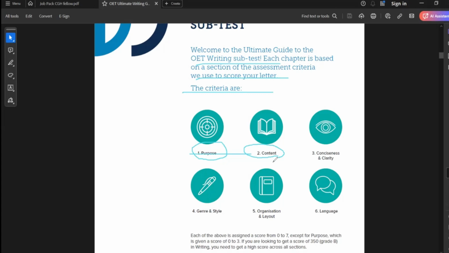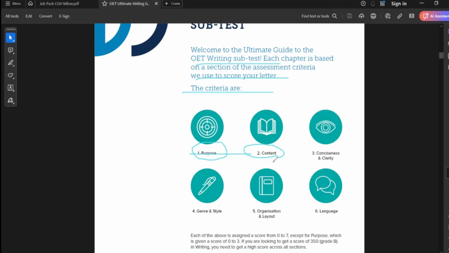For example, you have been given case notes of a patient, and in that case note the information given to you is that the patient presented with chest pain and has been admitted to the hospital for the past week, and then past history, like he has had such surgeries, he had such medication and all that. Okay, and you are asked to write a referral letter to a cardiologist.